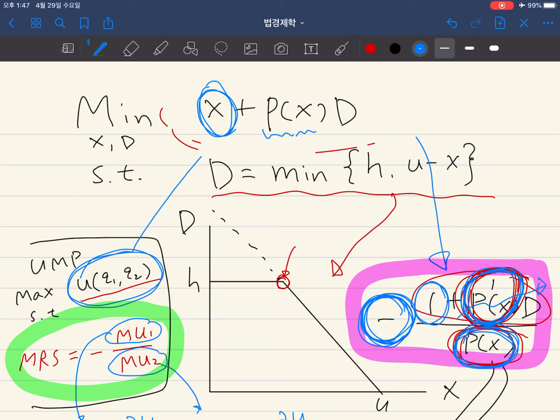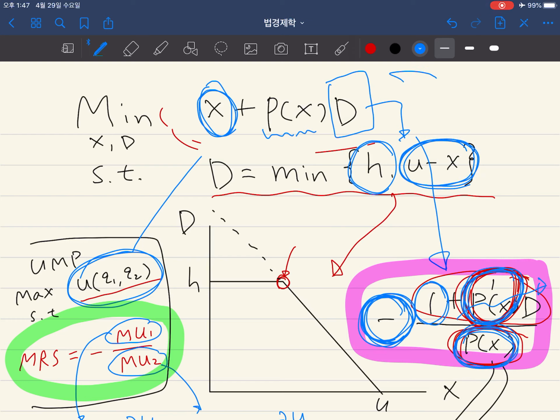When something goes wrong, we multiply by d. What is d? Look at the constraint. If the injurer is not judgment proof, the injurer is going to pay h. If the injurer is judgment proof, then he's going to pay just whatever he has, and that's it.